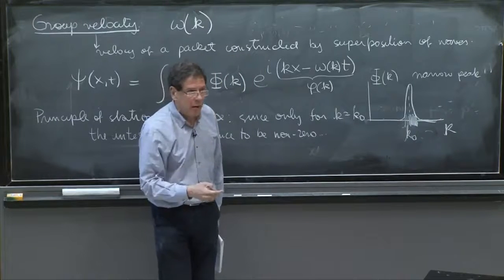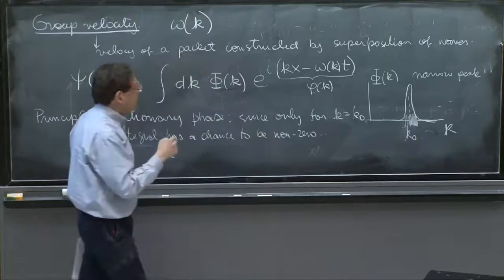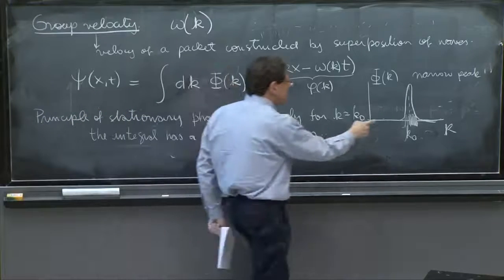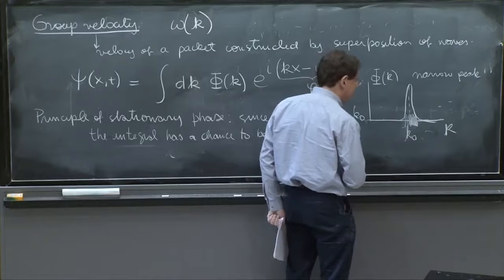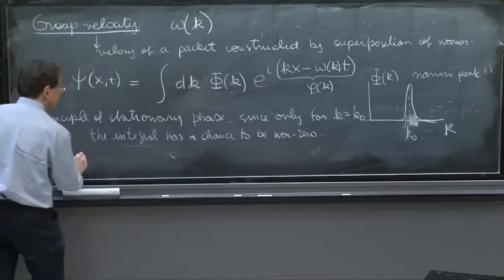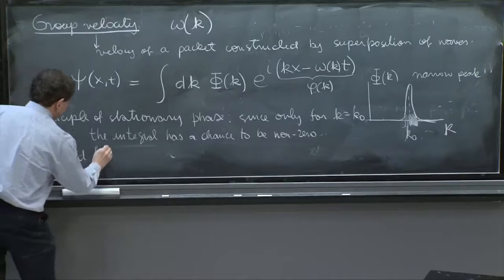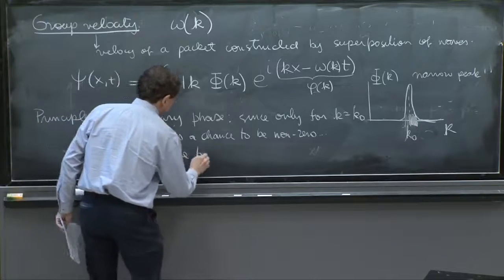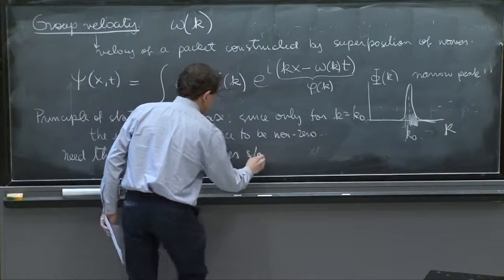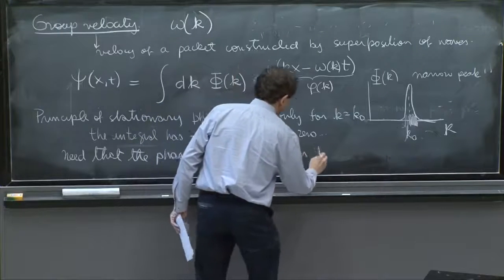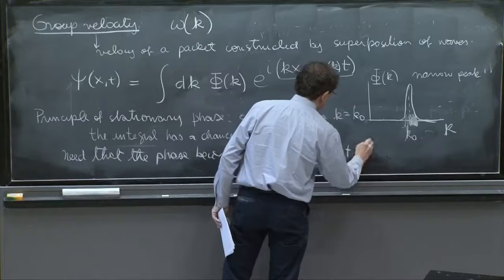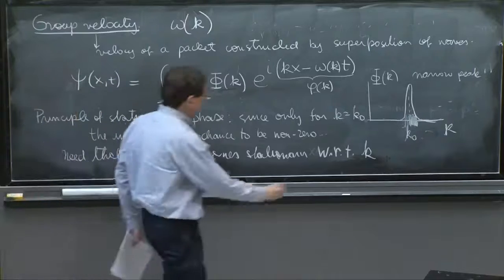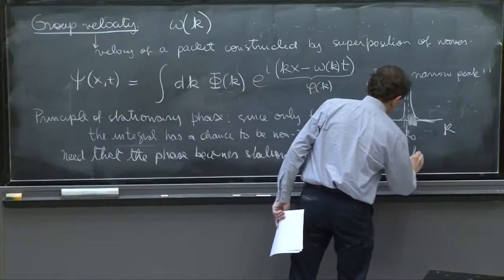Or, said in another way, only when the phase stops, you get a large contribution. So when the phase stops varying fast with respect to k. So you need that the phase becomes stationary with respect to k, which is the variable of integration, at k naught.